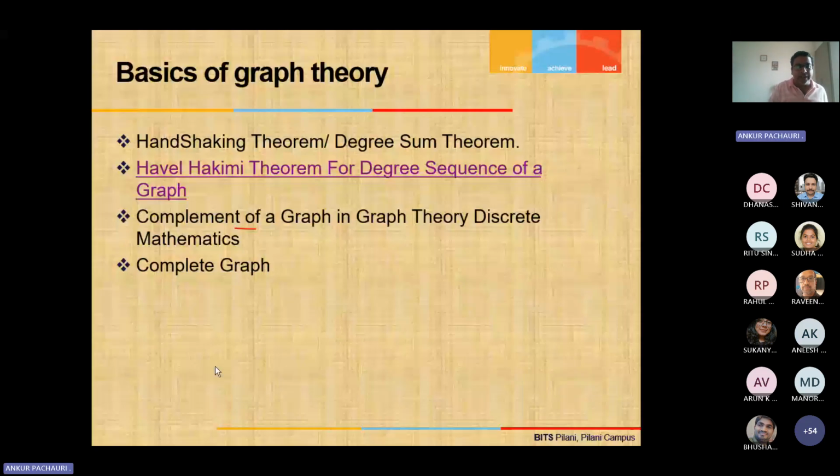Now, why is that complete graph important? Because we can say that the graph is dense. Every node is connected to every other node, so density is at the peak. The density of a graph is at the maximum.